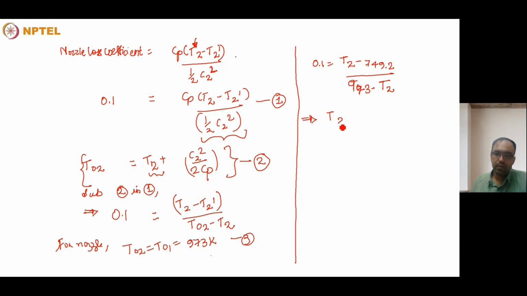Solving for T2, we'll get T2 is equal to 769.5 Kelvin. So we have calculated the temperatures T2 dash and T2 as well as the T02 value.